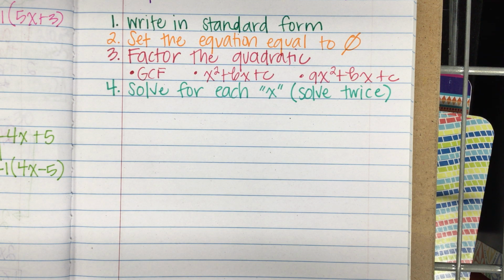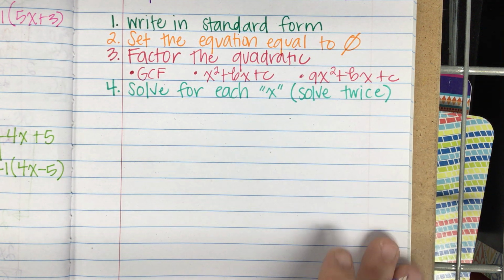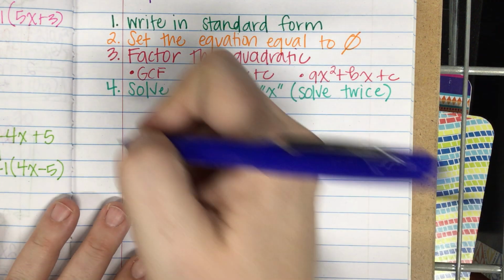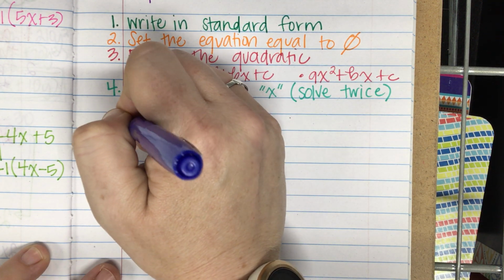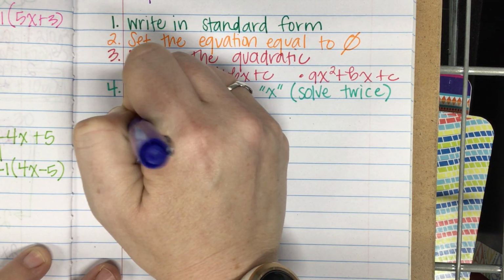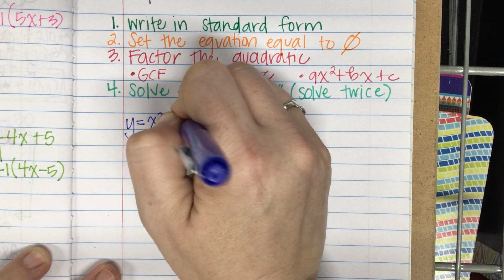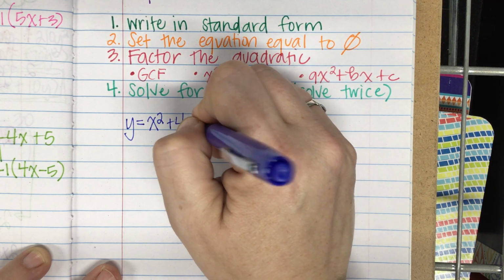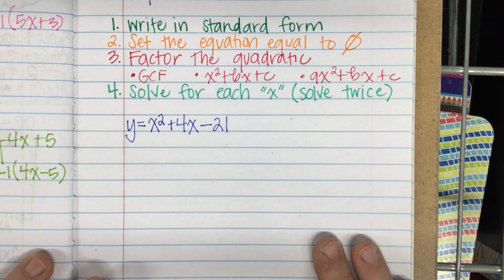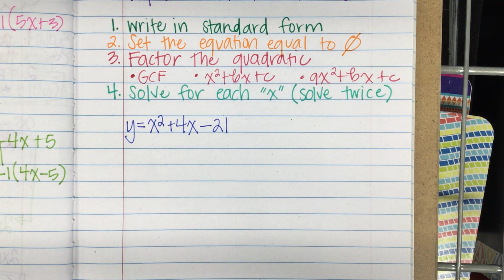All right, we're going to do 2 problems. Ready? If I gave you the equation y equals x squared plus 4x minus 21. That is quadratic. Do you agree? Yes, it has an exponent of 2. The largest exponent is 2. So let's go through our steps.